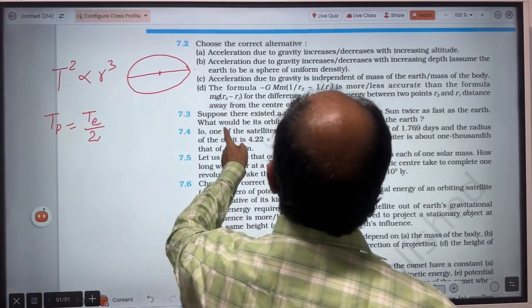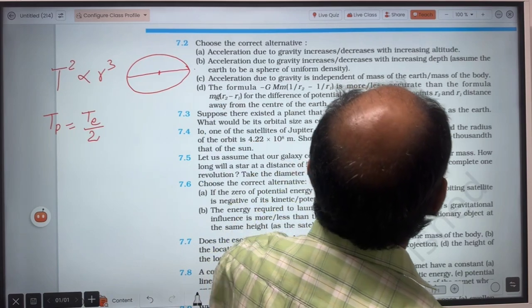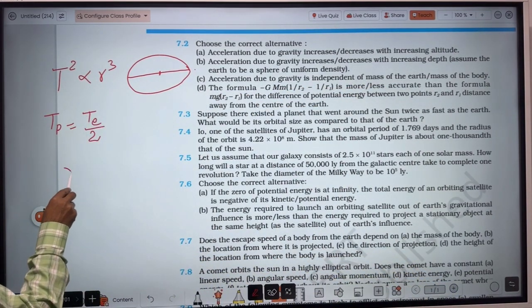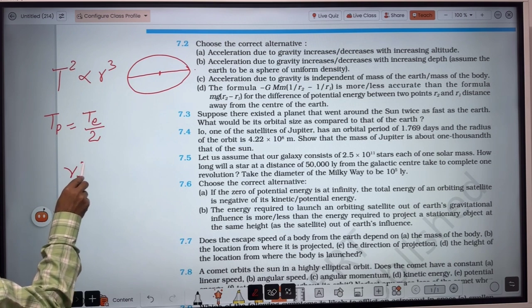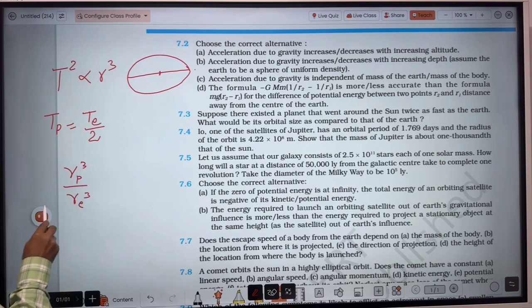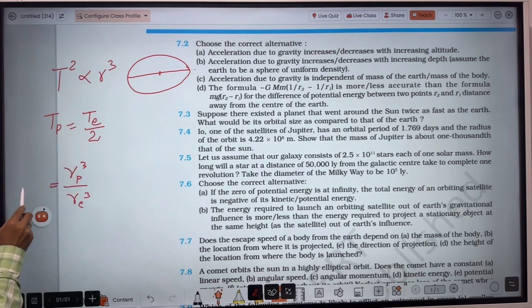So what would be its orbital size as compared to that of Earth? Let's see. We can write R planet cube divided by R Earth cube will be equal to T planet square divided by T Earth square. Same thing I have written here.